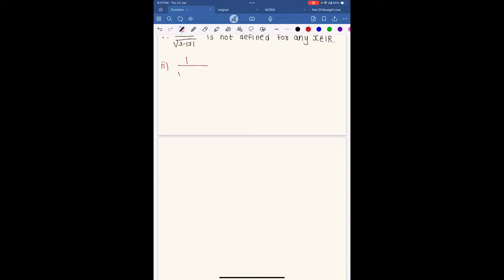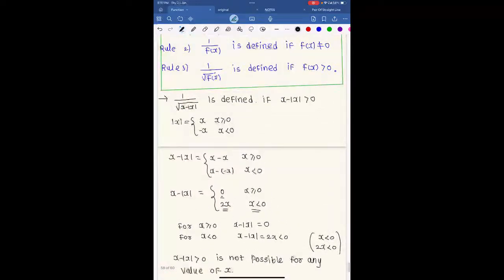1 upon root of x plus mod of x. Now we have to find out for which values of x the expression 1 upon root of x plus mod of x is defined. So again 1 upon root of f of x या टाइप मध्ये आपण बघितलंय 1 upon root of f of x कधी डिफाइन आहे ज्यावेळेस f of x greater than 0 असेल strictly greater than 0.